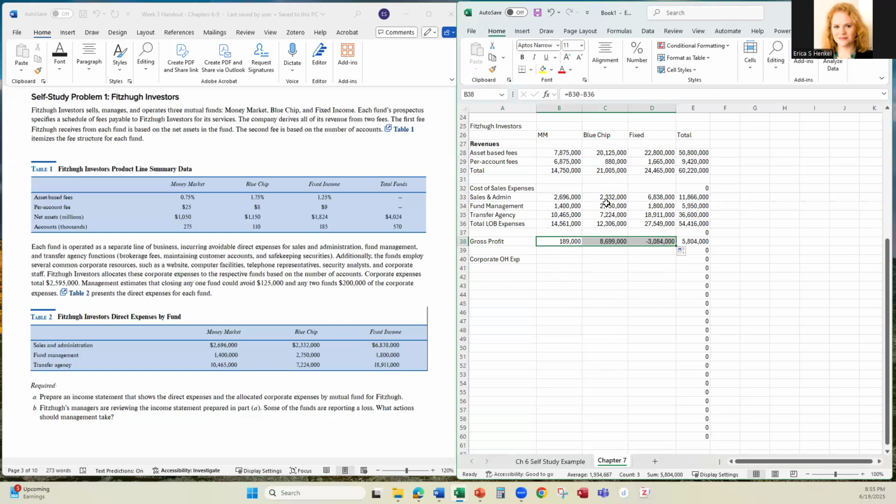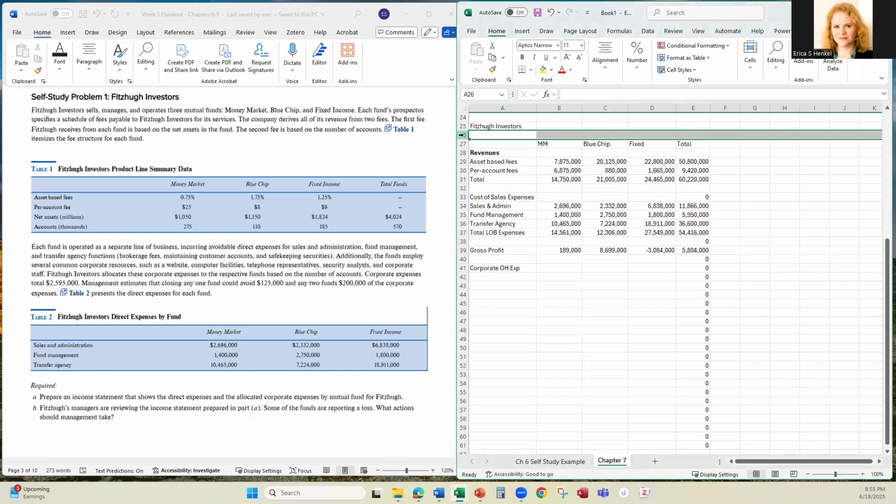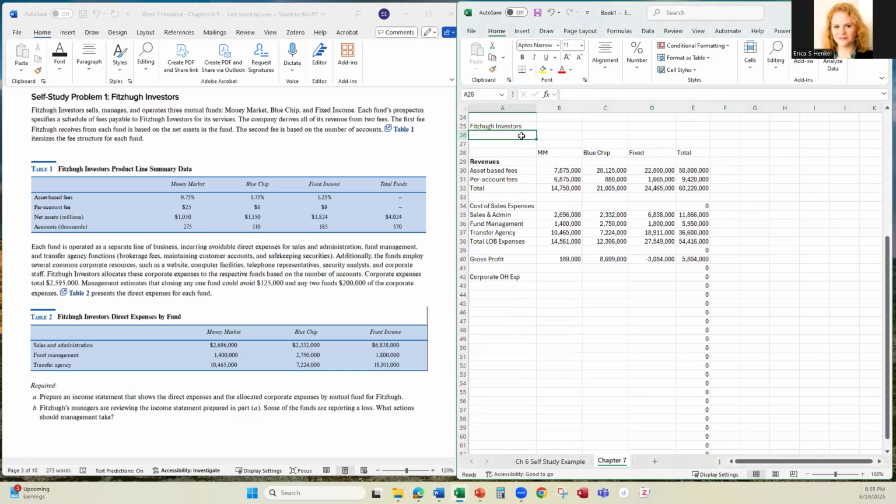Let's see. So we allocate corporate expenses to respective funds based on the number of accounts. Okay. So I'm just going to put this here. Number of accounts, which we had was 275,000.